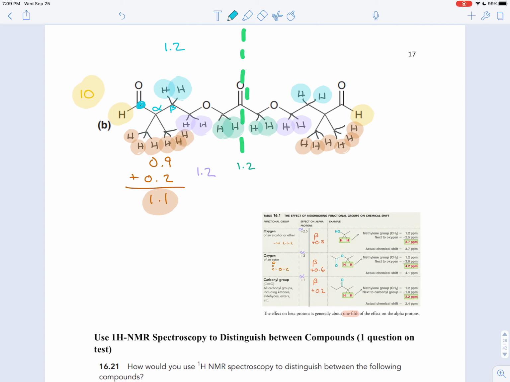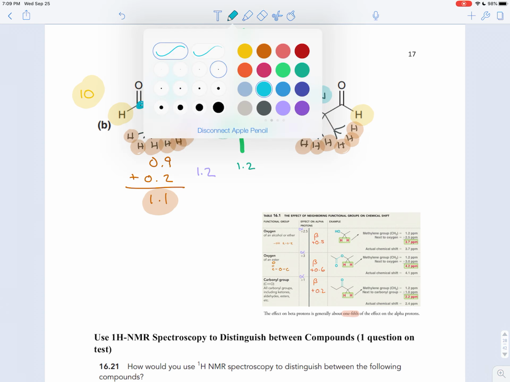That's beta. If you're beta to a carbonyl, then you add 0.2, and you get 1.4. That's where we'd expect to find the peak for those blue hydrogens. All right, the purple ones.